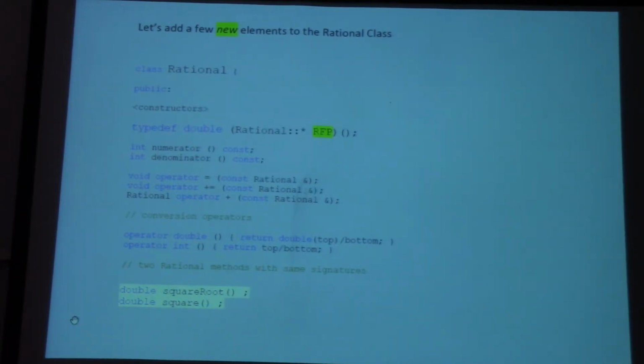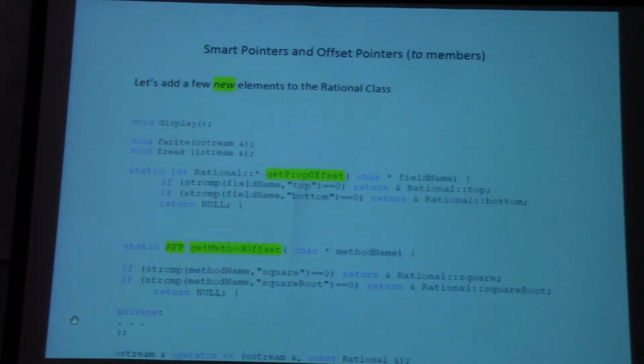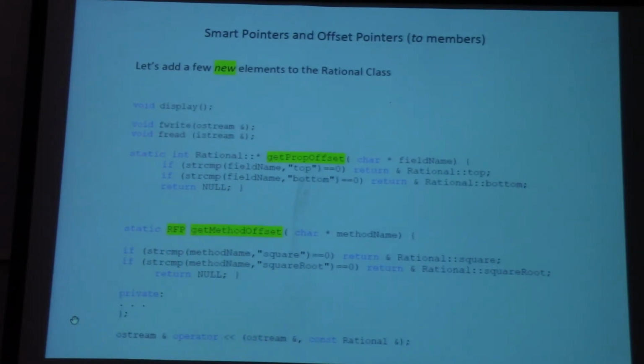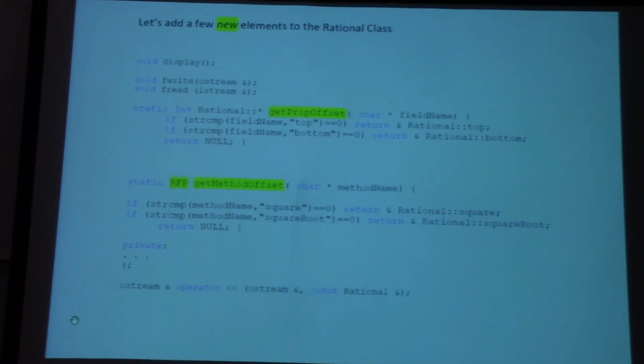We add these two methods with the same signatures as this type of pointer. Okay? And so now we're going to write here. So this is still the same thing here. So it displays the method.